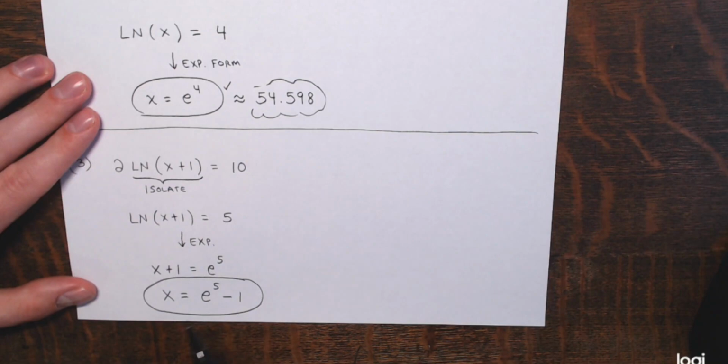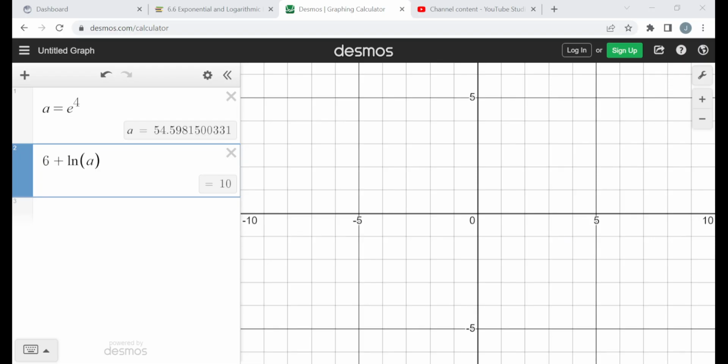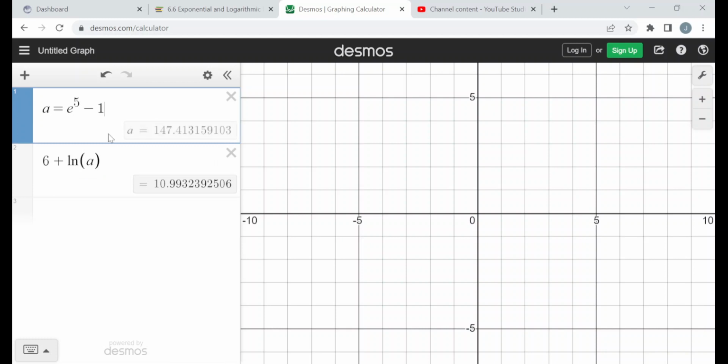And let me round this also to 3 decimal places. So back here, e to the 5th power, and then minus 1. So the value of our solution is approximately 147.413. And I'm just writing that on my paper. I know you can't see it, but.